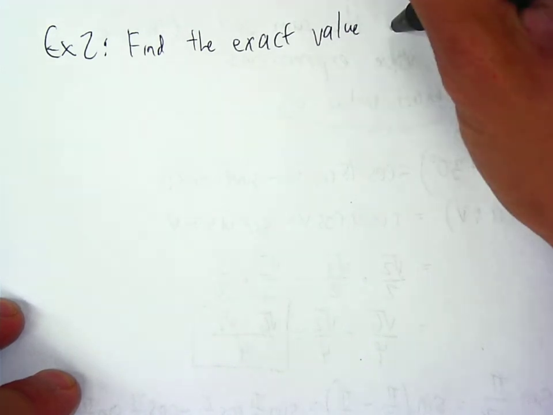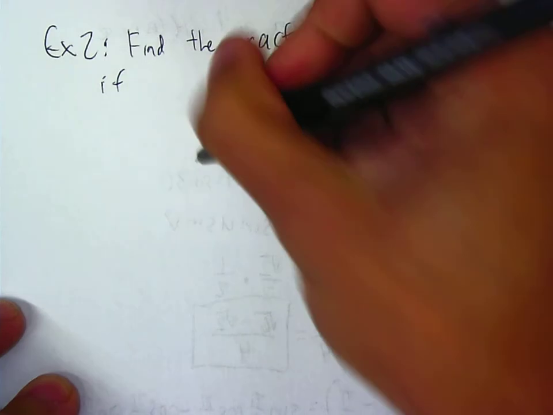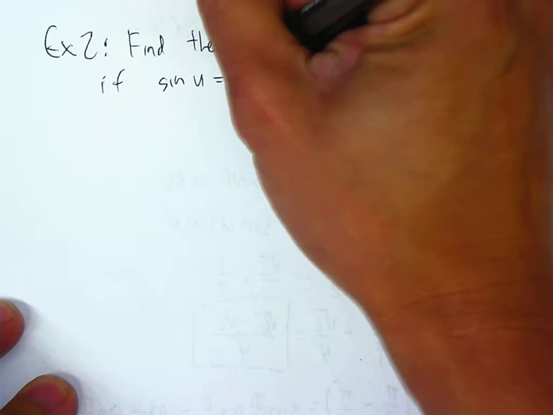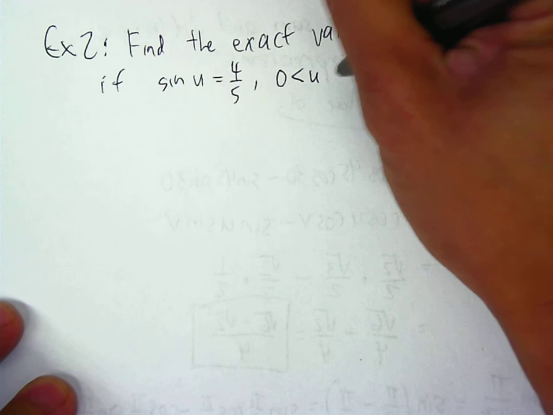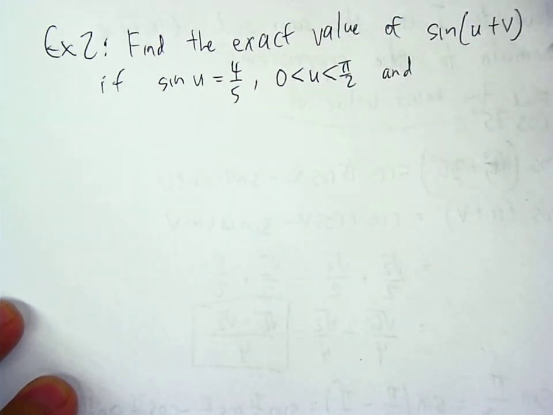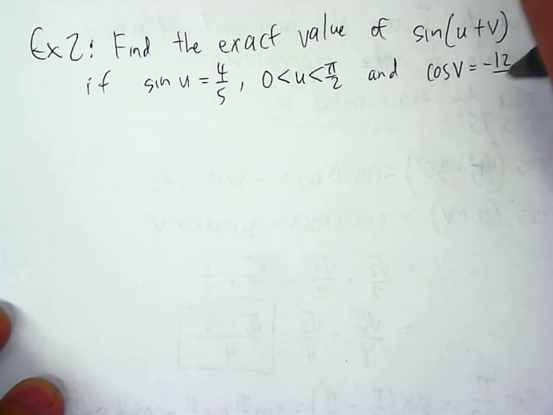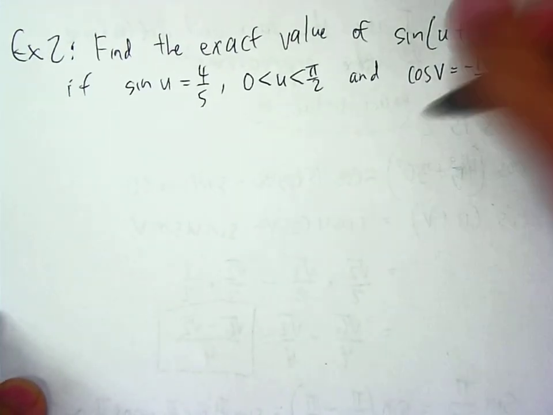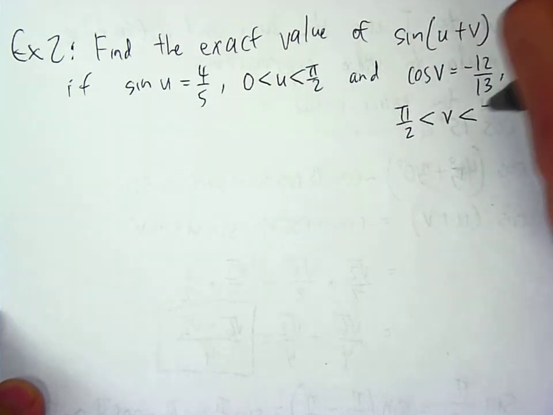So we're going to find the exact value of sine of u plus v if sine of u equals 4/5 and u is between 0 and pi over 2, and cosine of v equals negative 12 over 13 if v is between pi over 2 and pi.